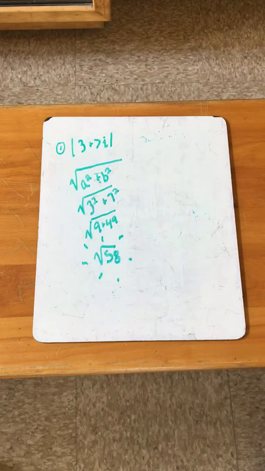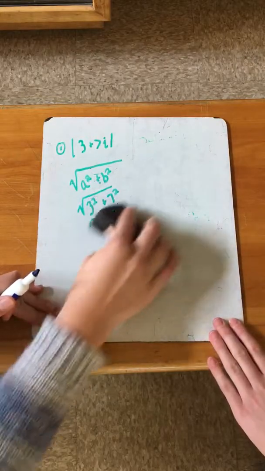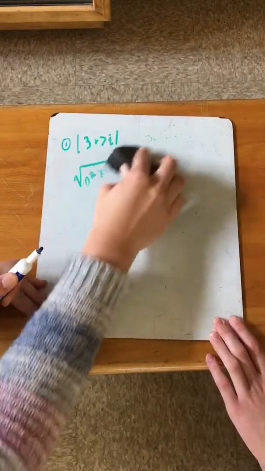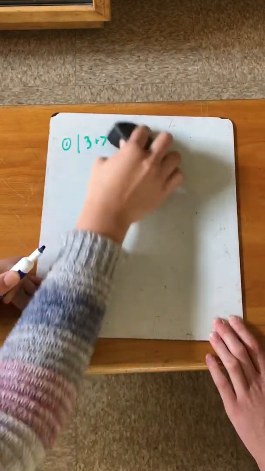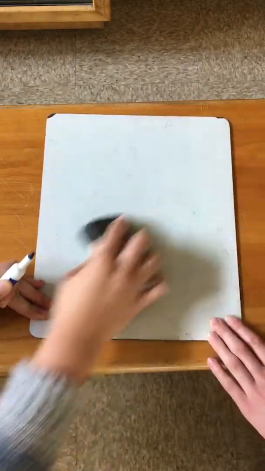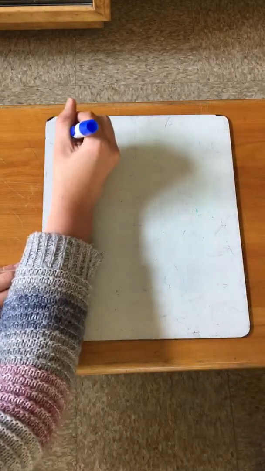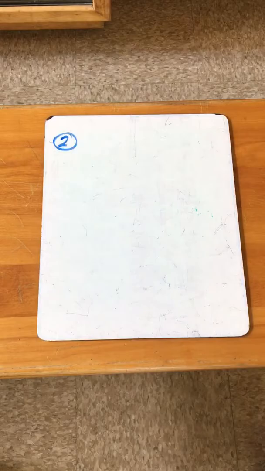Now let's move on to example 2. As you saw in the last answer, the square root of 58 wasn't perfect. It was still in the radical because it couldn't be simplified. Now let's find one that can.